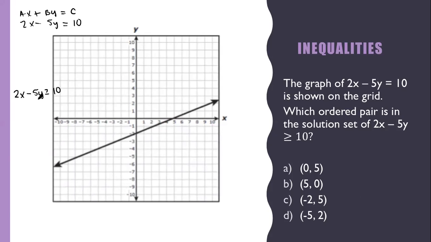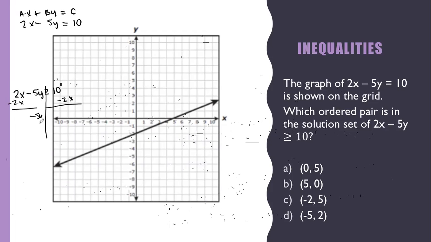If I have 2x minus 5y is greater than or equal to 10, what is the first thing I would do to isolate y? I would subtract 2x from both sides. This is one of the most important skills to succeed on this test.